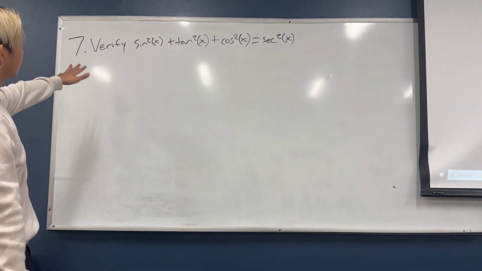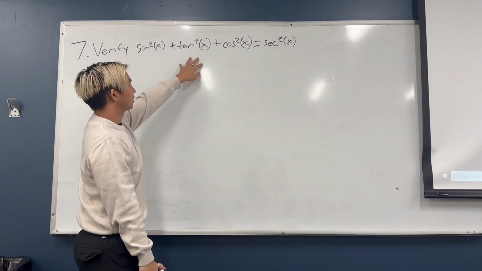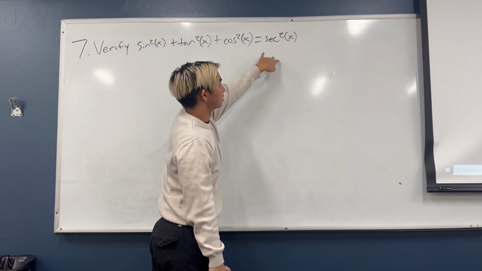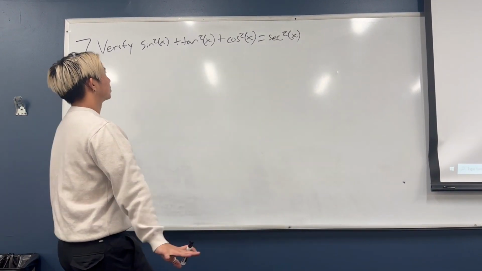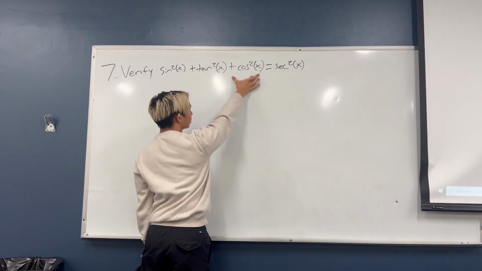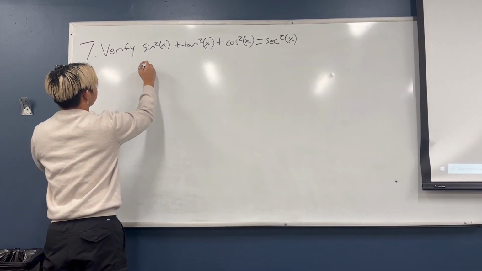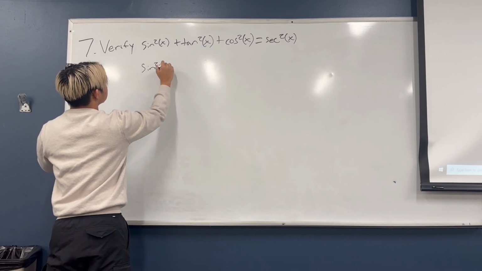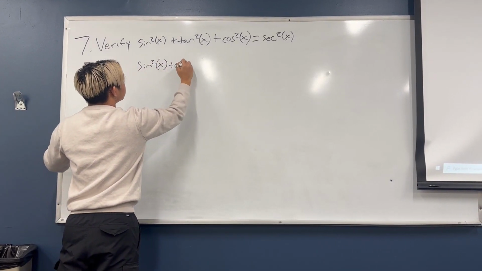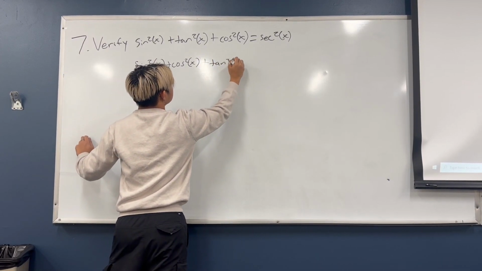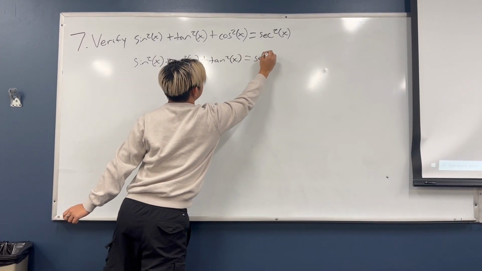So this is question 7. It reads, verify sine squared of x plus tan squared of x plus cosine squared of x equals secant squared of x. So where do we start, right? Doesn't it look a little familiar, that we have a sine squared of x plus a cosine squared of x? So for ease, I'm just going to move these two around so that we have sine squared of x plus cosine squared of x plus tan squared of x equal to secant squared of x.